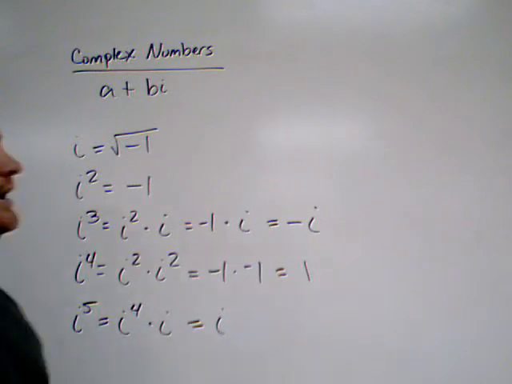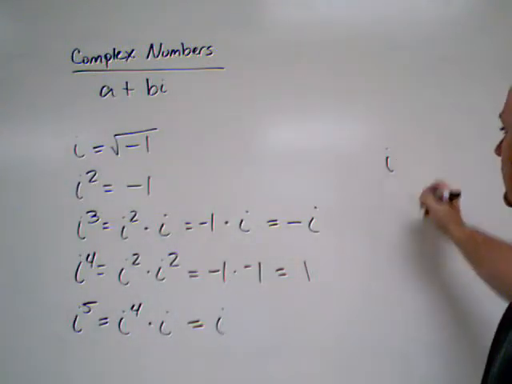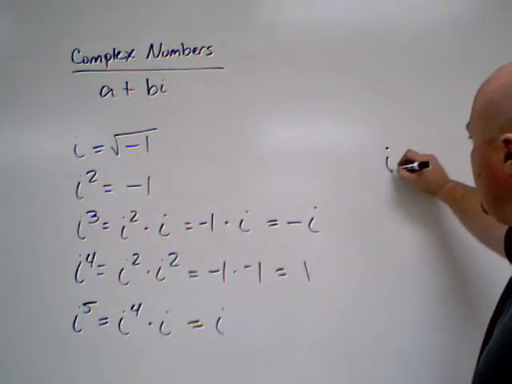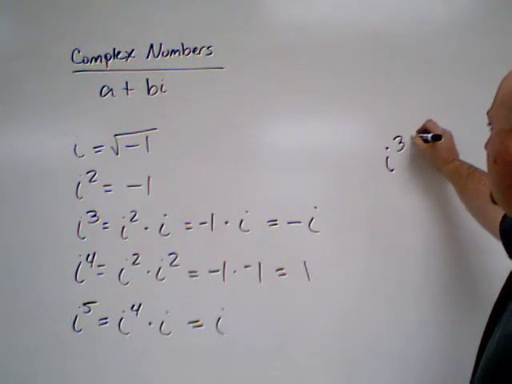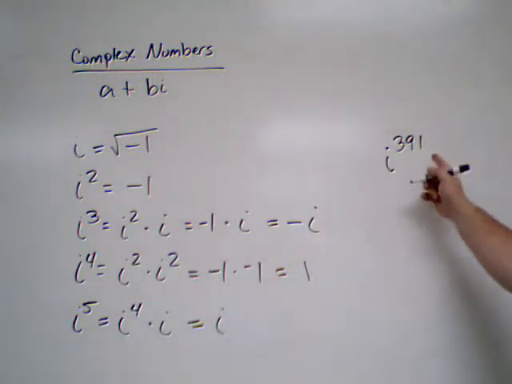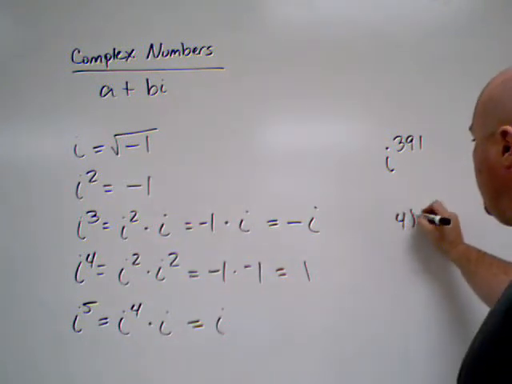So if you have i to any power, say i to something hideous, i to the 391st power, what we have to do to make things easy on ourselves is take our exponent and divide it by 4.